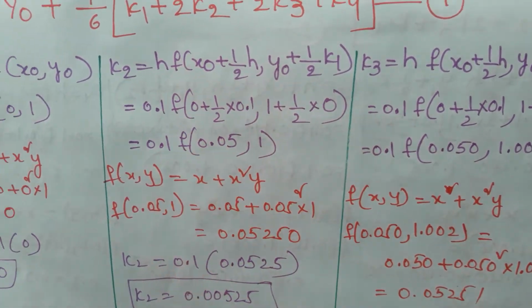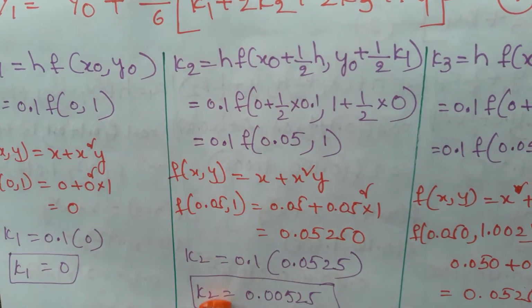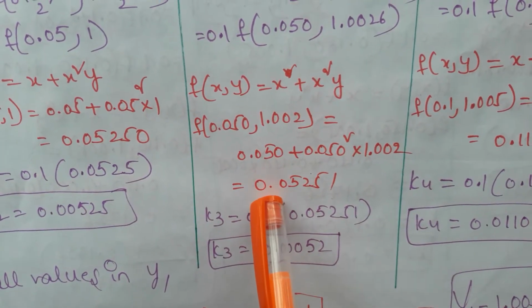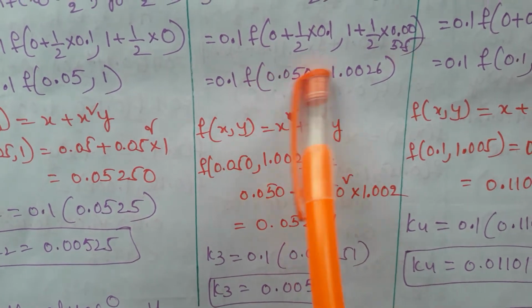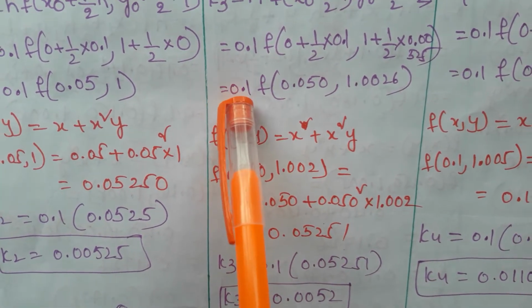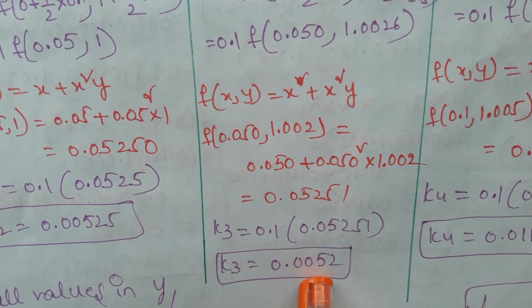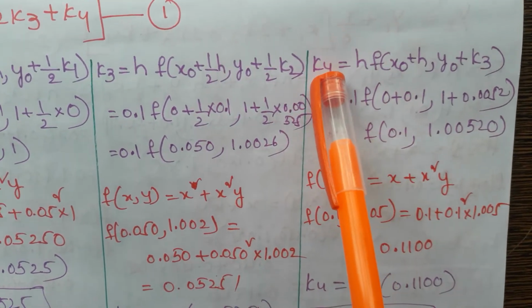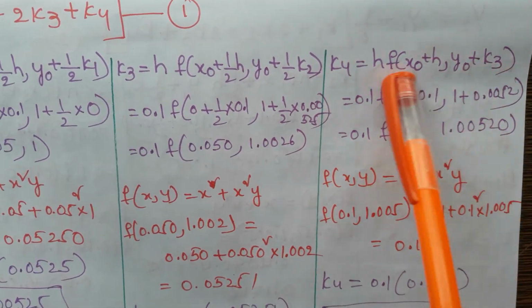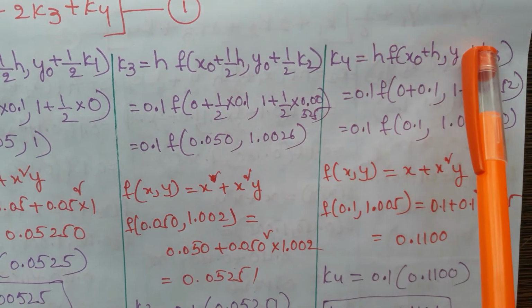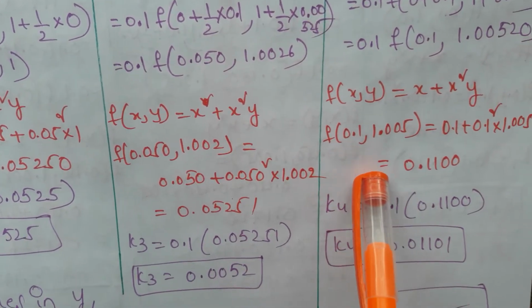We have to do like this only, as we did for k1 and k2. So we need to substitute here 0.1 into 0.05251 for k3, and then k4. Same procedure: substitute the values in this equation and solve.